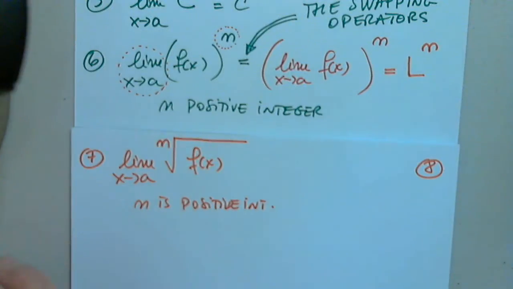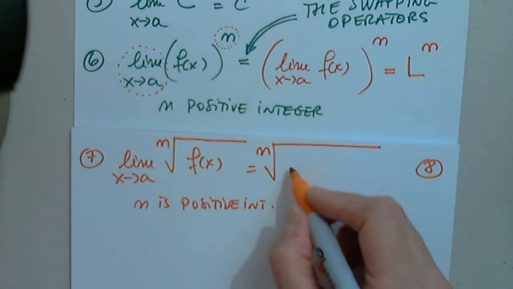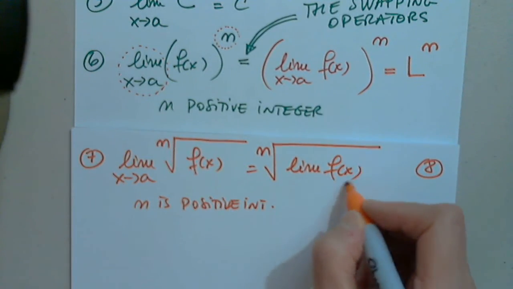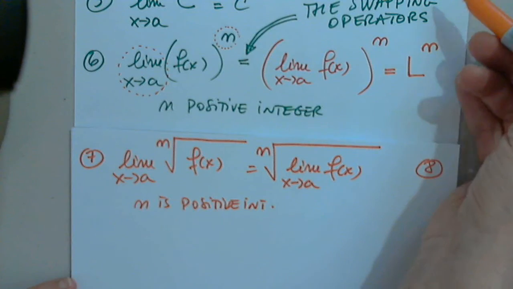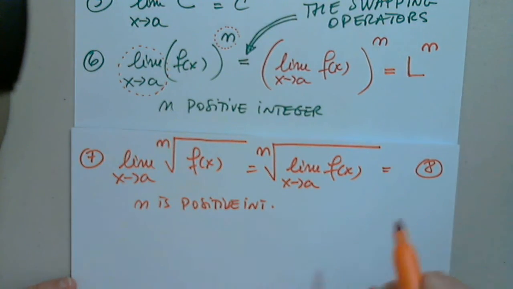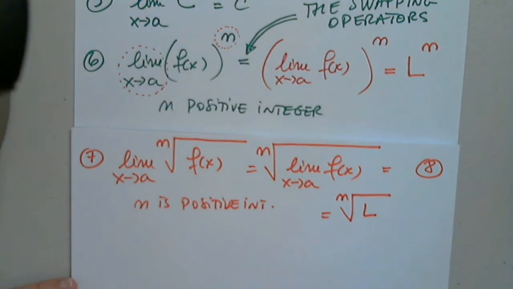Index n, very similar. We're really talking about the same situation, swapping of the operators. Limit of f of x as x approaches a, of course, under continuity, has to be satisfied. And what will be the final answer here? Anyone? It would be the square root of L, or the nth root of L. That's it. Awesome. That's all I need you to say.